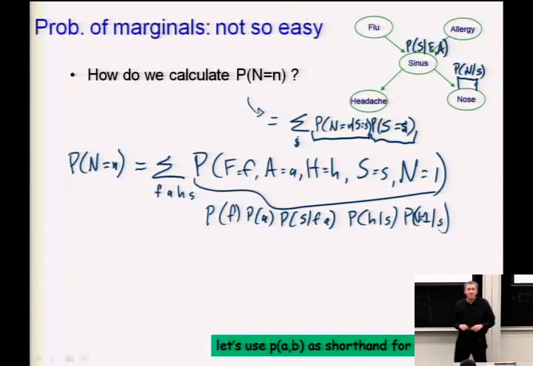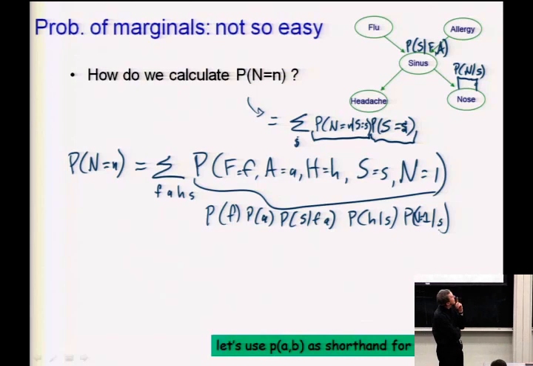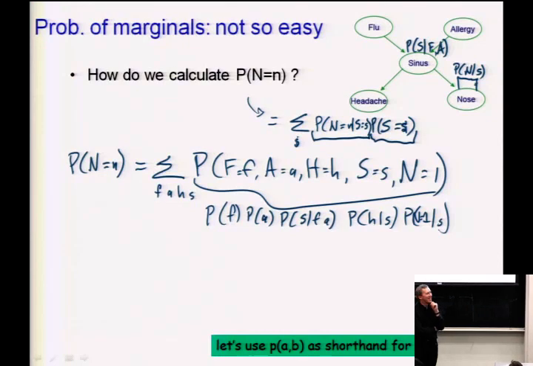Yes? Can't we ignore the value of headache, because nose and headache are conditionally independent given sinus by definition? Good point. So that graph implies that headache and nose are conditionally independent given sinus.